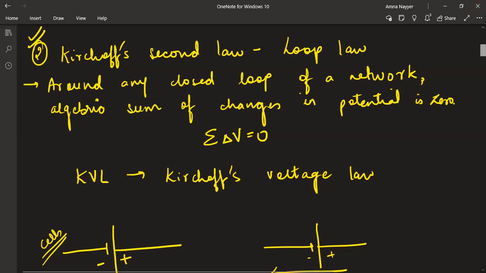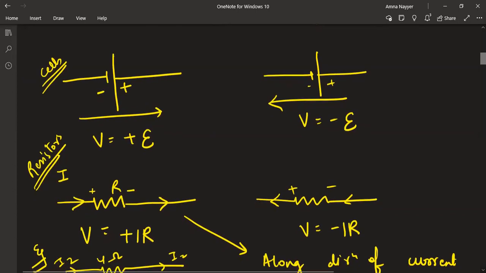Now how to solve questions based on Kirchhoff's law? See, for cells, if you are moving from the negative to the positive terminal, then you will write the voltage as positive, plus E. And if you are moving from positive to negative, you will put it as minus E. Then V is equal to IR is the formula using Ohm's law.